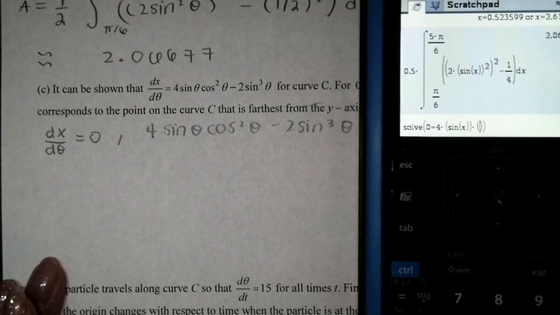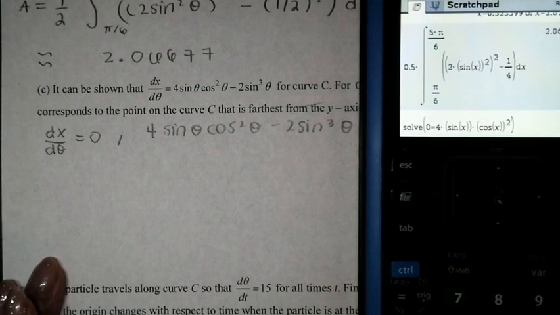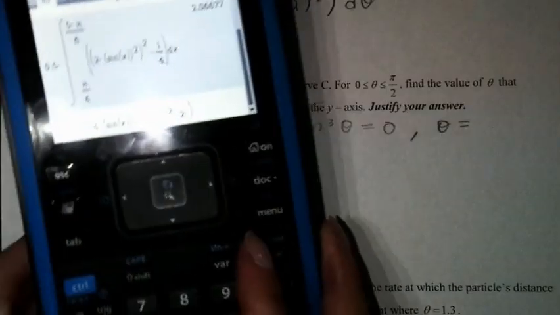So we want cosine x, and then careful with the exponents there, squared, minus 2 times sine, and that sine is cubed, so I'm going to put it here very carefully. Cubed. So you have that situation.